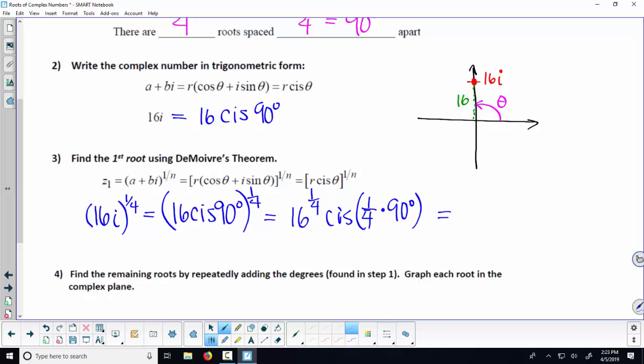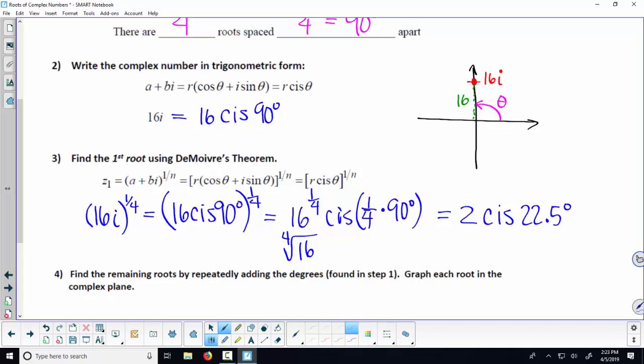So 16 to the 1/4 power, which means the 4th root of 16, which is 2. So all of my roots are going to be 2 units from the origin. They're all going to have an absolute value of 2. 90 divided by 4 is 22.5 degrees. So I have 2 CIS 22.5 degrees.